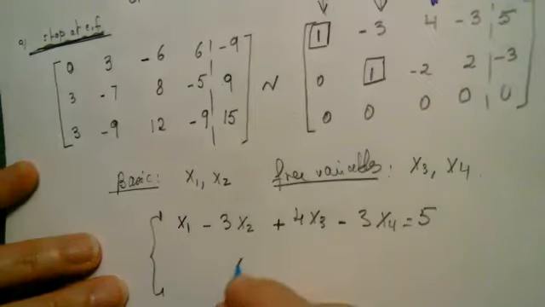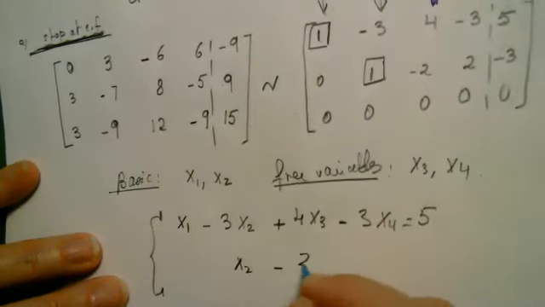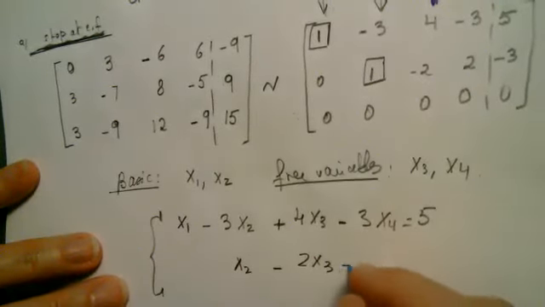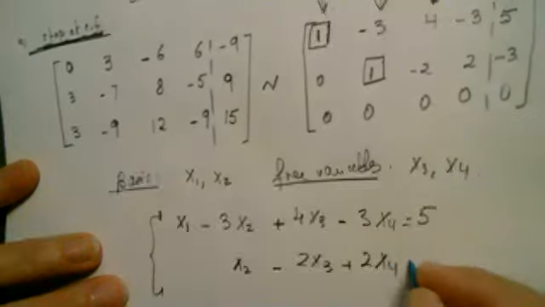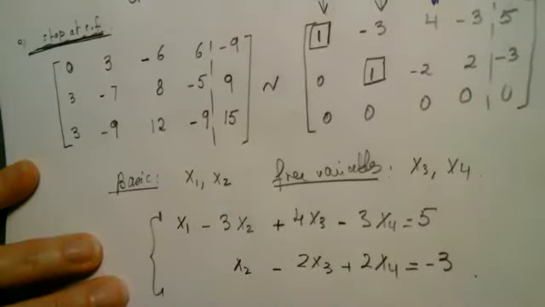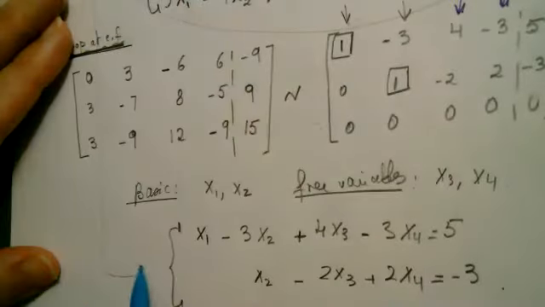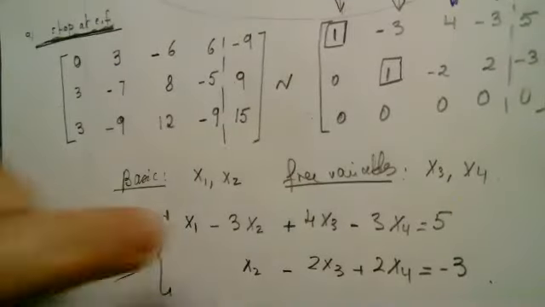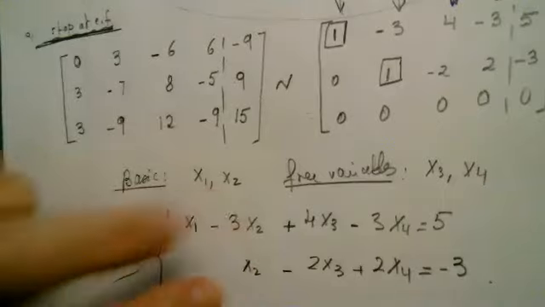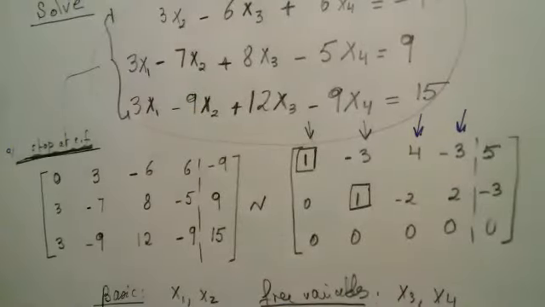The second is x2 minus 2x3 plus 2x4 equal to minus 3. So solving this system is actually the same thing as solving that. It means every 4 numbers that satisfy this will satisfy those.